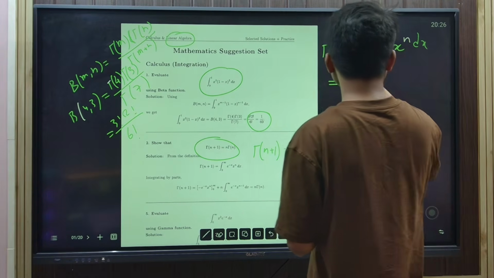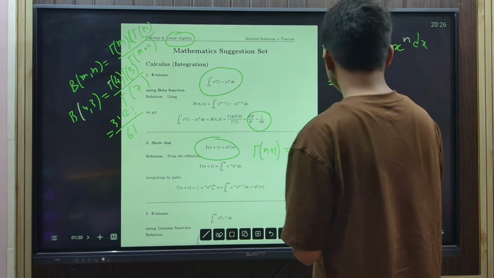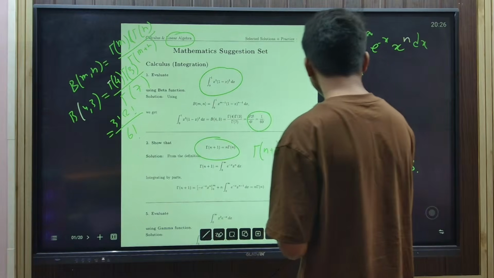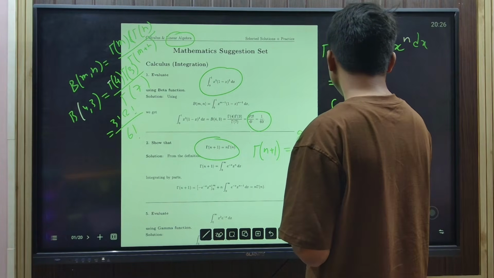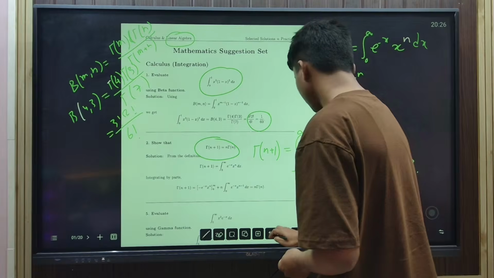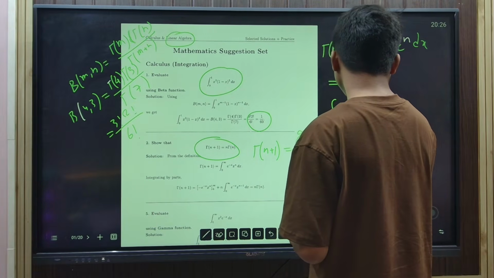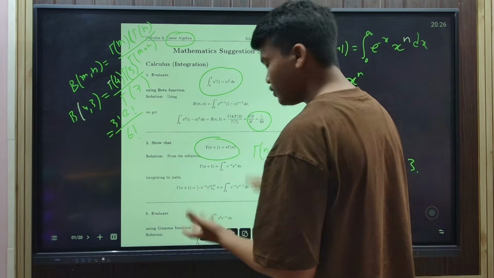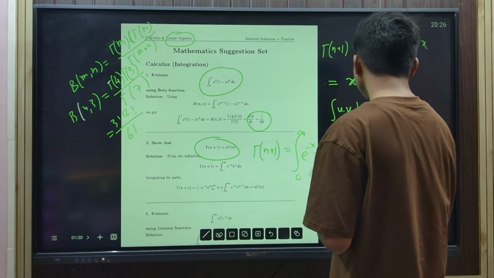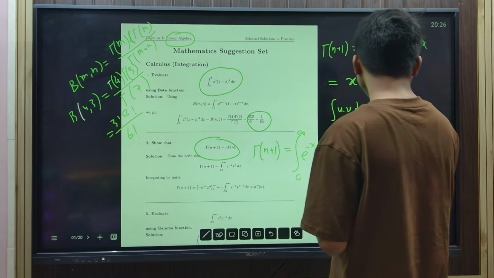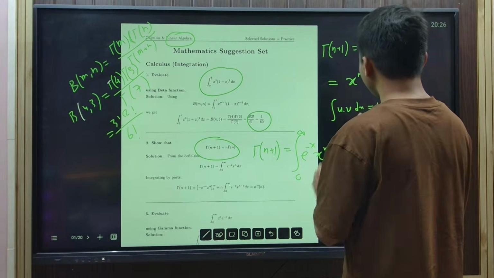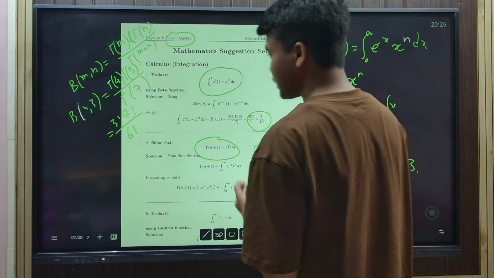e to the power minus x. What is that? How do we do integration by parts? Integral of u v dx, where u is a function of x and v is also a function of x. So how do you integrate this by parts? First we keep u outside, and integrate v dx, whatever the function is given, u and v.